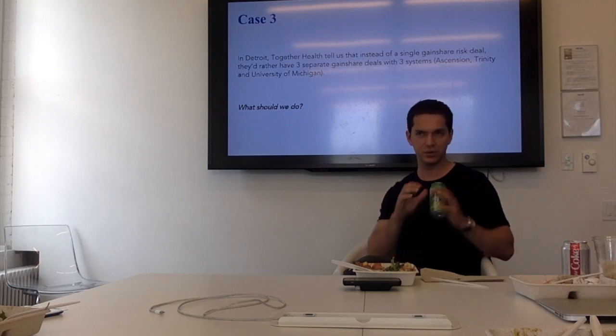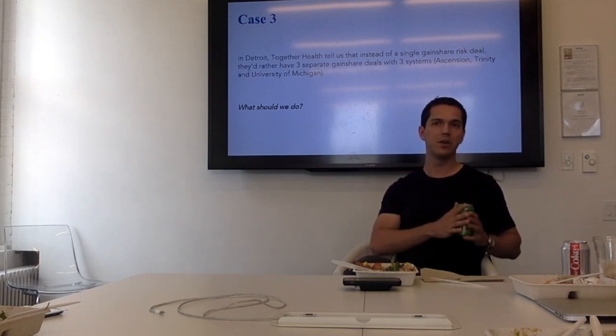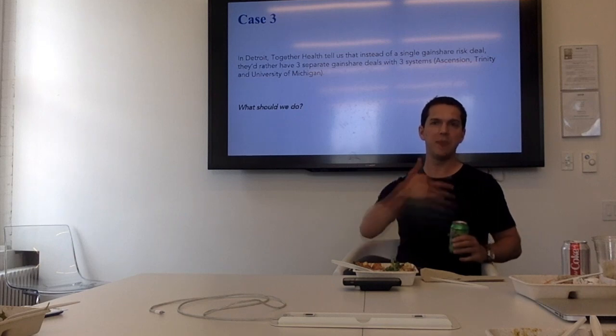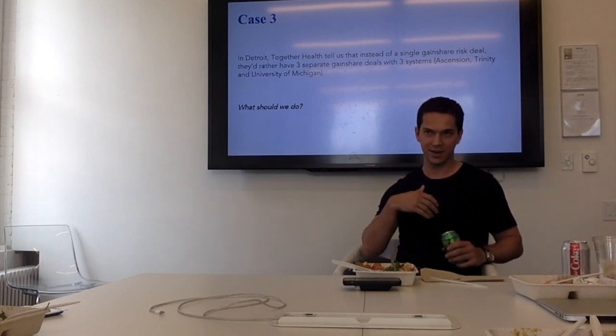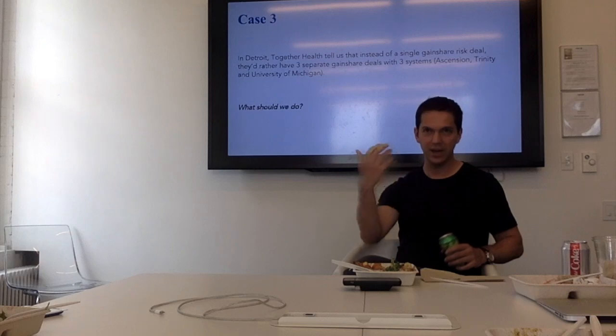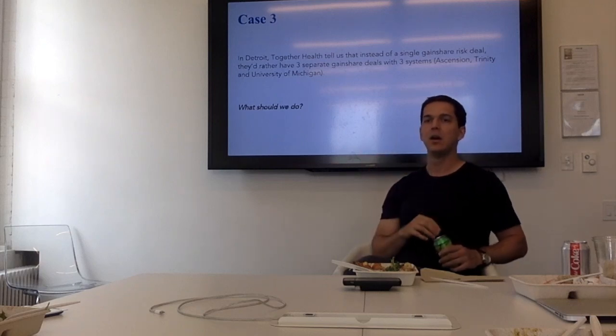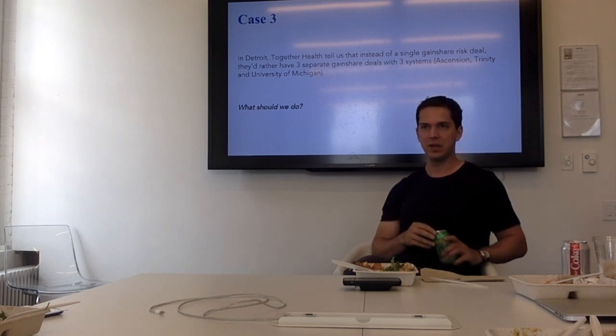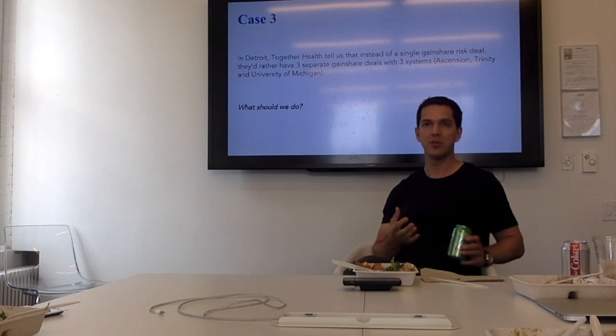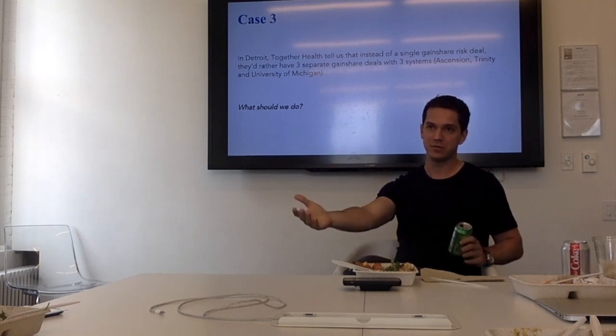Right. So we're agreed with that, right? It is because we may pay out, but we're never going to gain anything back. So any gain share like that has a negative expected value for us, okay? And that expected value is more negative the higher the probability of having to pay out, right?